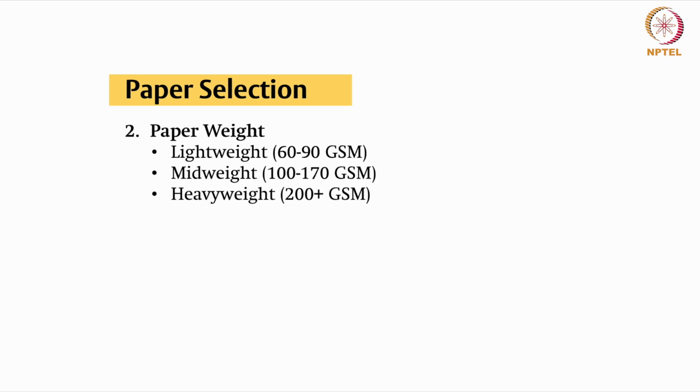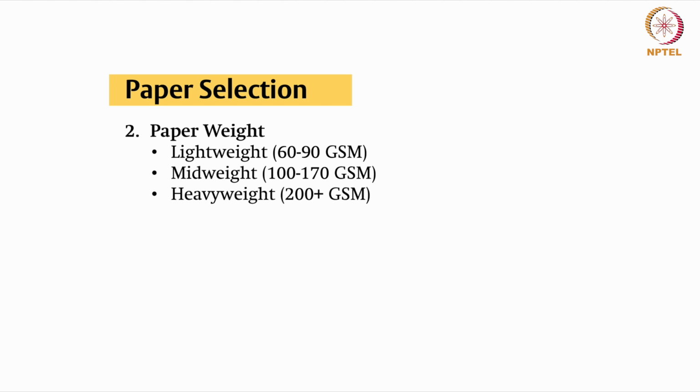Paper weight also plays a very crucial role in terms of getting a desired output. Measured in GSM, that is grams per square meter, or LB, which is pound weight, paper weight impacts durability and feel. For example, lightweight paper, which is 60 to 90 GSM, is suitable for newspaper or book pages.